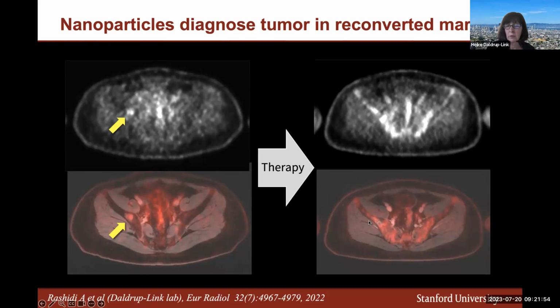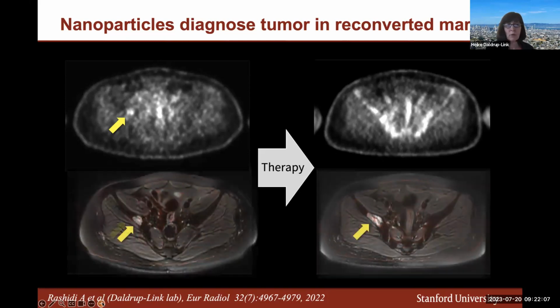And it's very hard to tell whether this lesion here is the same in size, larger, smaller, whether it responded, really hard to tell. And here you see the iron oxide T2 weighted scans, and you can better delineate the lesion on the baseline scan.